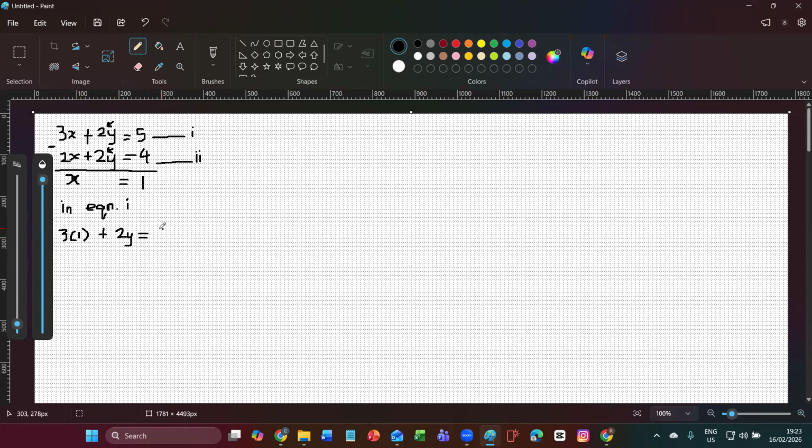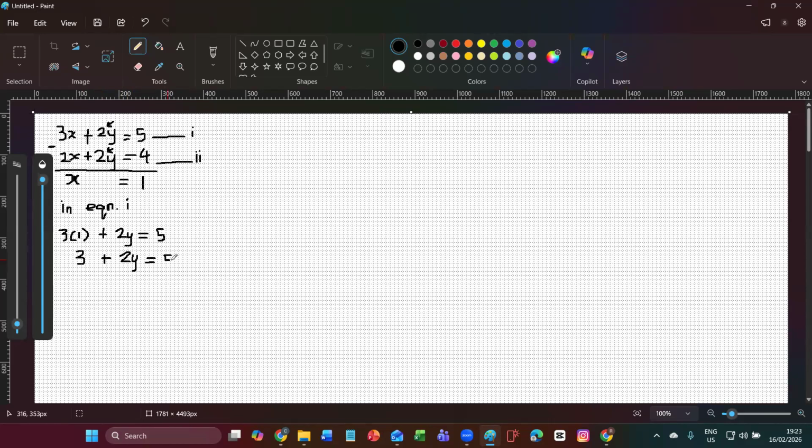Okay, so what do we do next? You can now go ahead and multiply 3 by 1, and you have 3, as you know. You still have 2y, and then you have 5 on the right hand side of your equality sign.